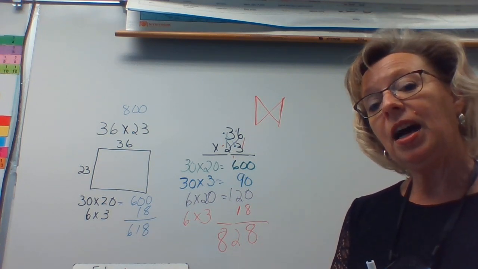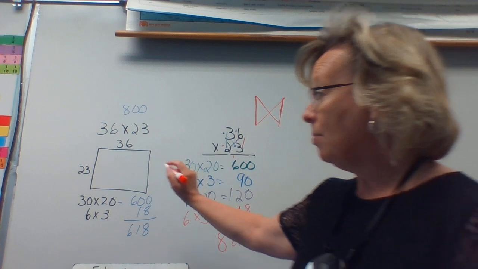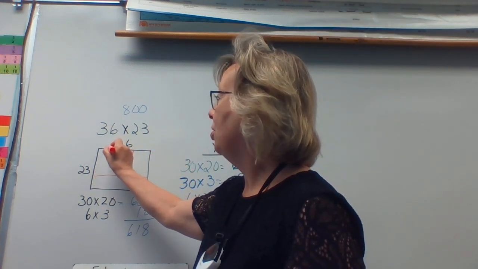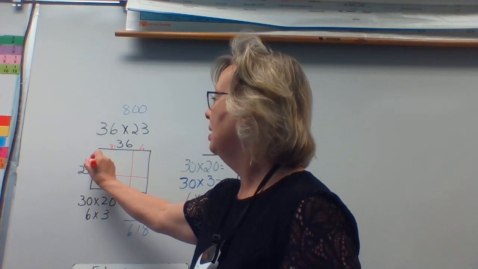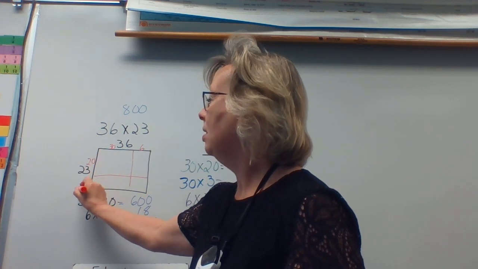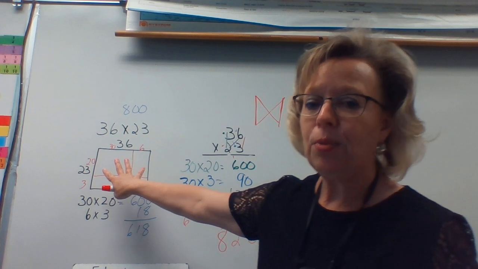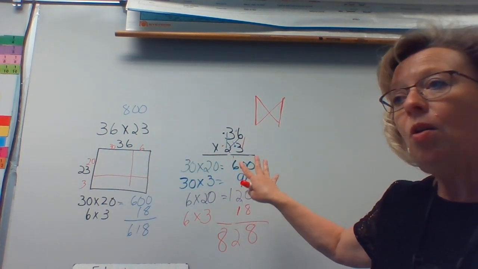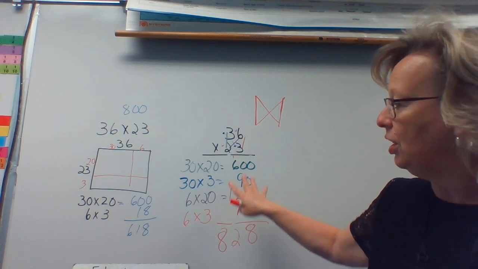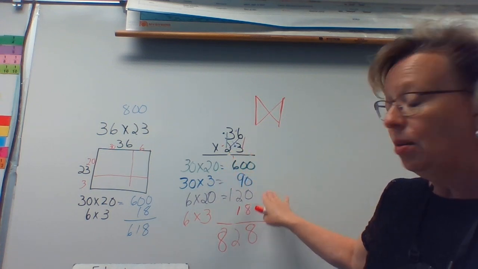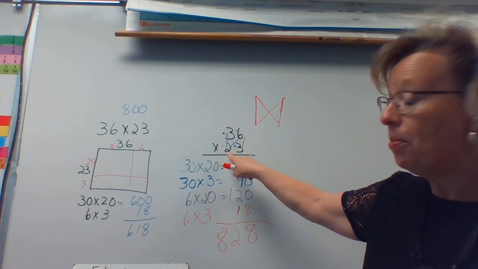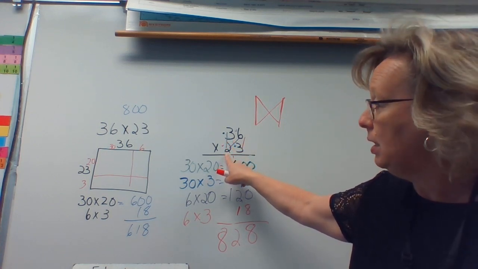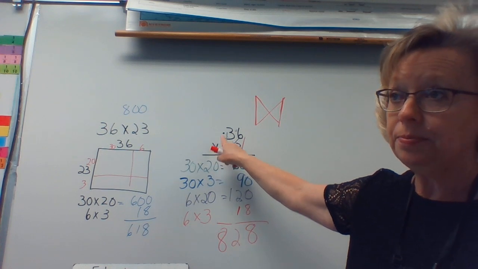So fourth graders, we have our strategy of estimating. We have our strategy of the array model, which I would have done with 30 and 6 and 20 and 3. From the array model, we can move to partial products, or the numbers-only strategy, remembering place value, which is the most important thing: this 2 is really 20 and this 3 is 30.